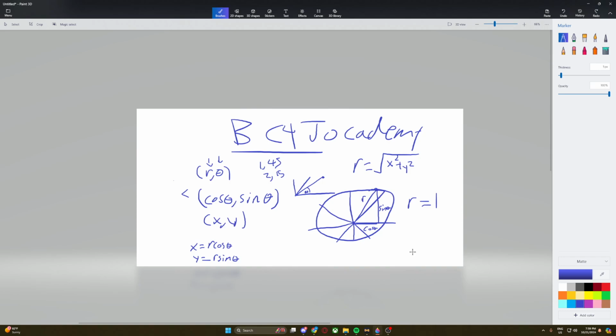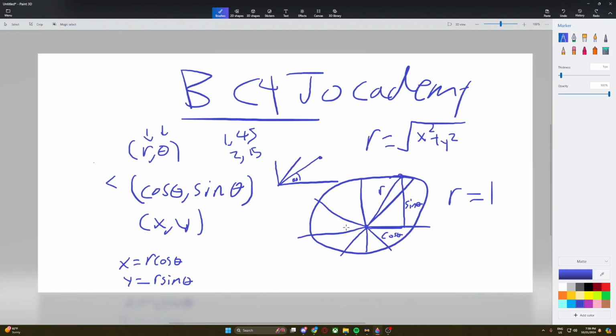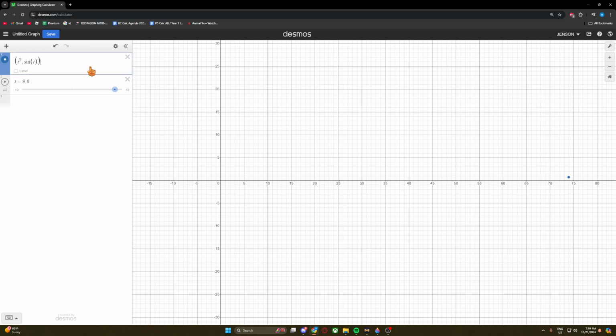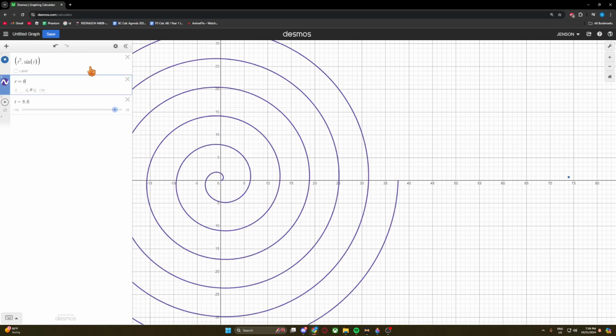Just like how parametric is like that, a polar function has an r, a radius that isn't always staying at 1. Like if r equals theta, it's not r equals x.